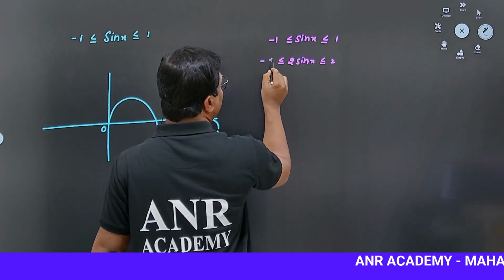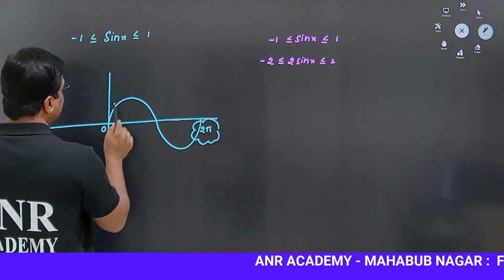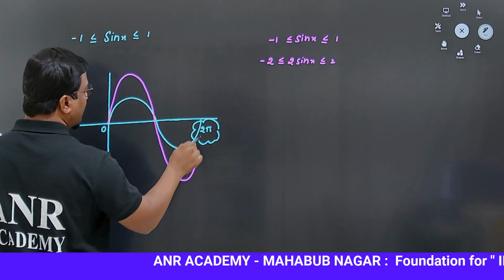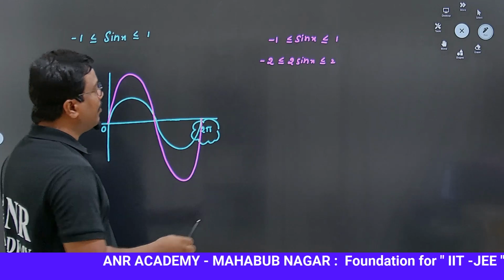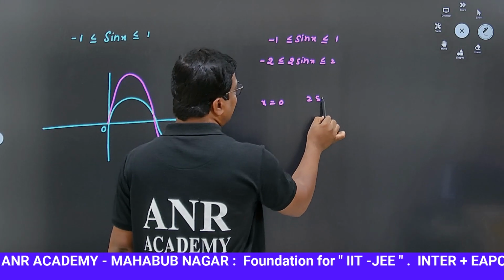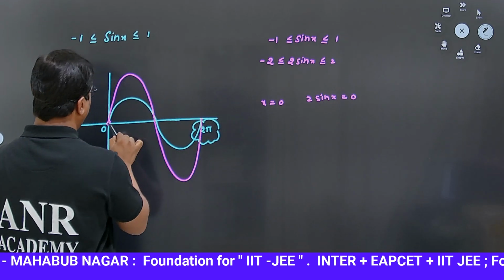The graph lies between -2 and +2. The range of the graph changes. You will get the graph in this way. When x equals 0, 2 sin x is also 0 here.